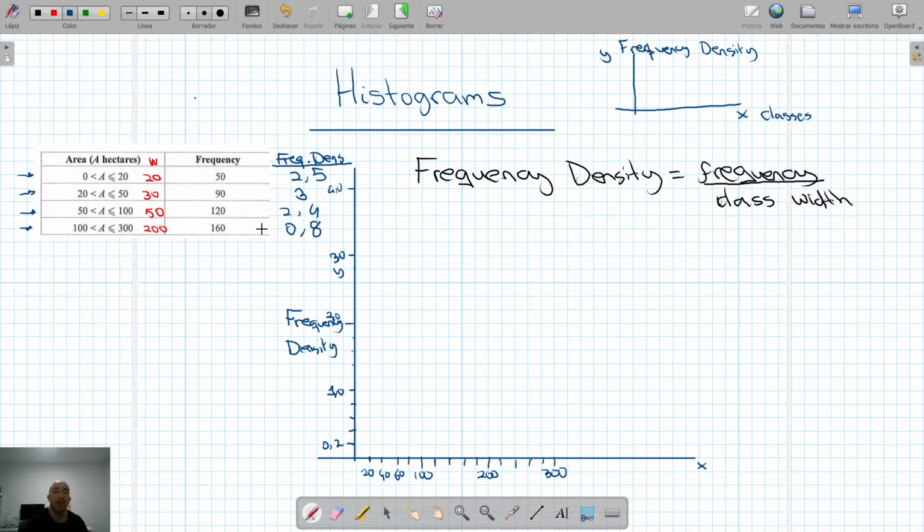Okay, so now let's represent our histogram. I'm going to draw them in green. For the first interval, we have from 0 to 20, and the frequency density is 2.5. So we go to 2, 2.2, 2.4, 2.5.